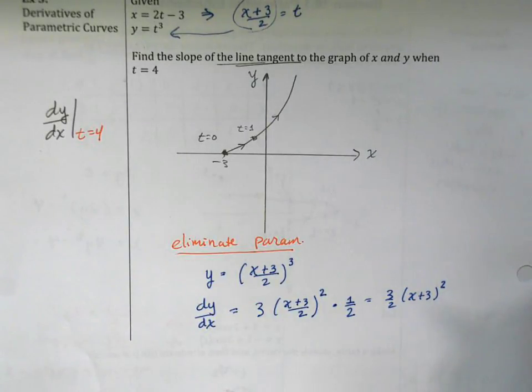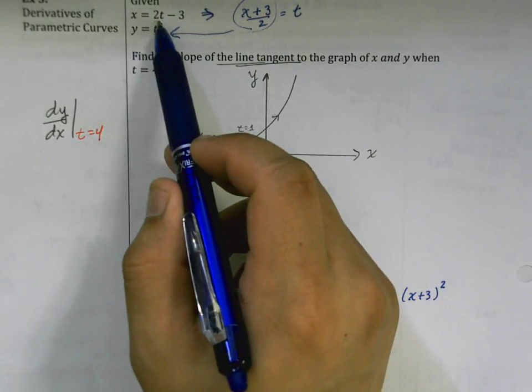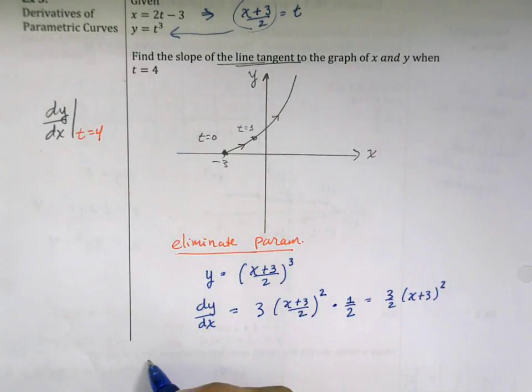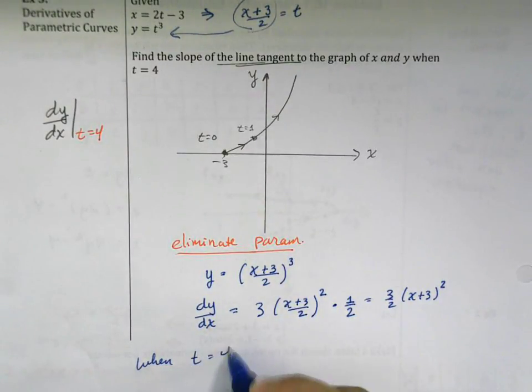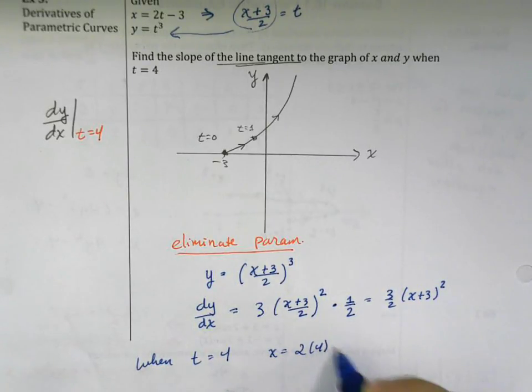That's another way we could look at it. Okay. So in order to figure out what x is equal to, I have to substitute 4 in for t. So when t equals 4, x is equal to 2 times 4 minus 3, which is 5.